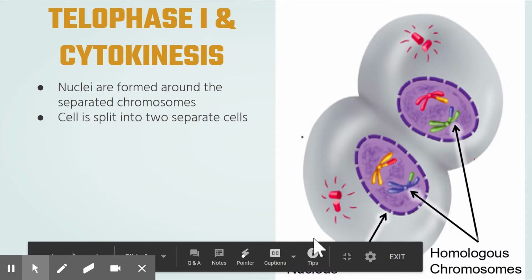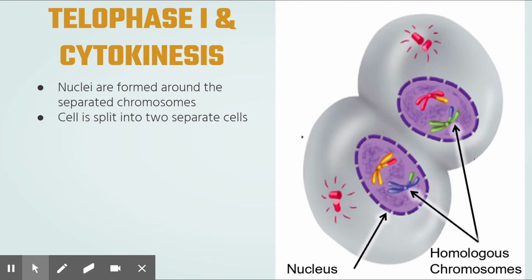Next up, we have telophase 1 and cytokinesis. During telophase 1 and cytokinesis, nuclei are formed around the separated chromosomes, and the cell is split into two separate cells. In the picture to the right, we can see that the spindle fibers are starting to go away.